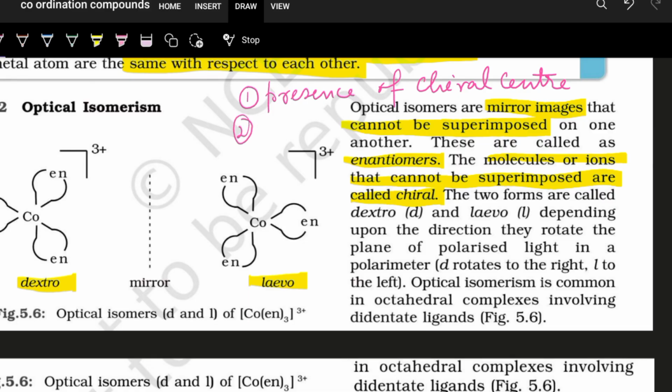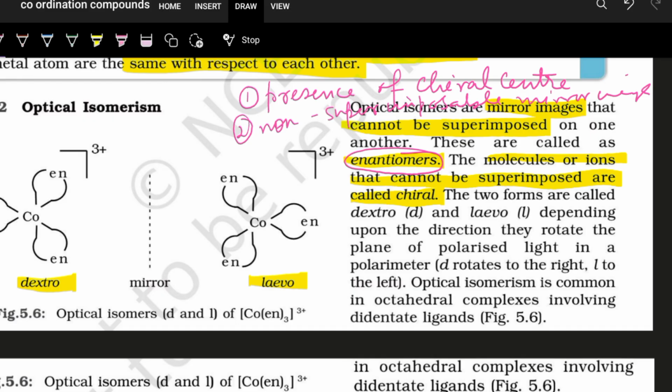Second thing, they will form mirror images, but these mirror images will be non-superimposable, and they are known as enantiomers.